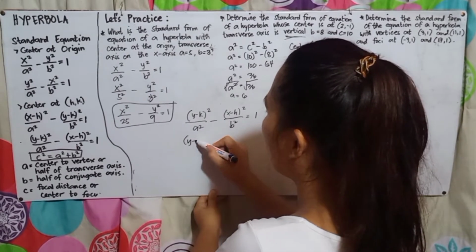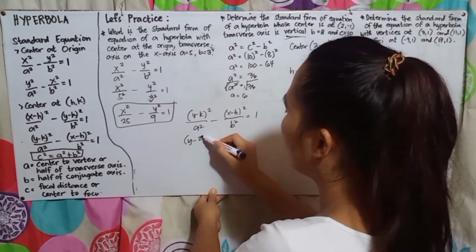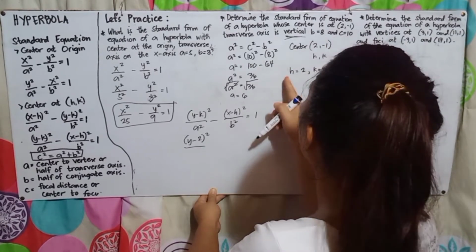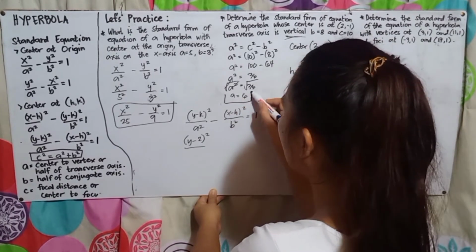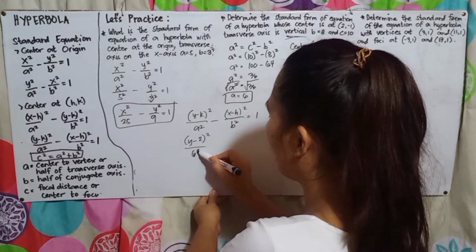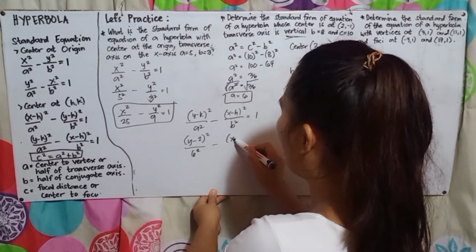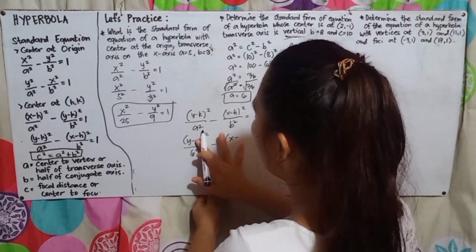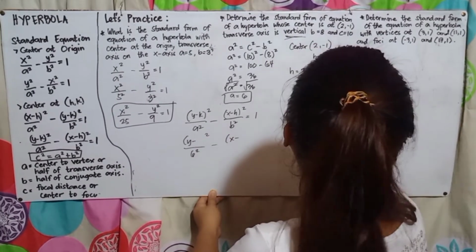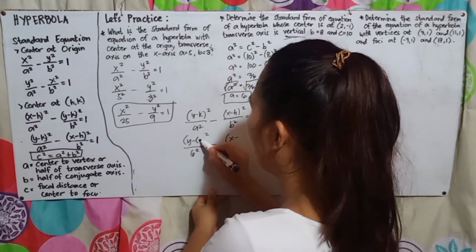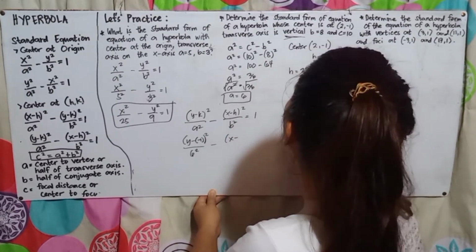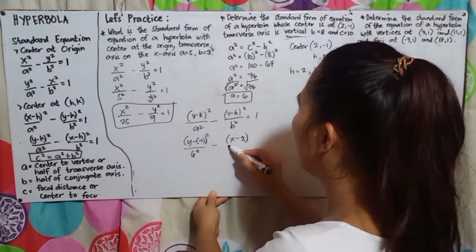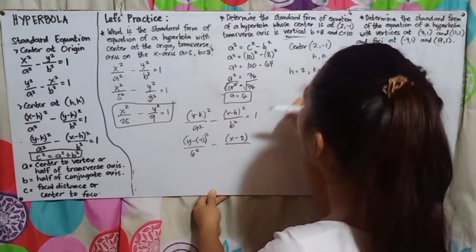Y minus our k is -1, our a is 6, our h is 2, b is 8.